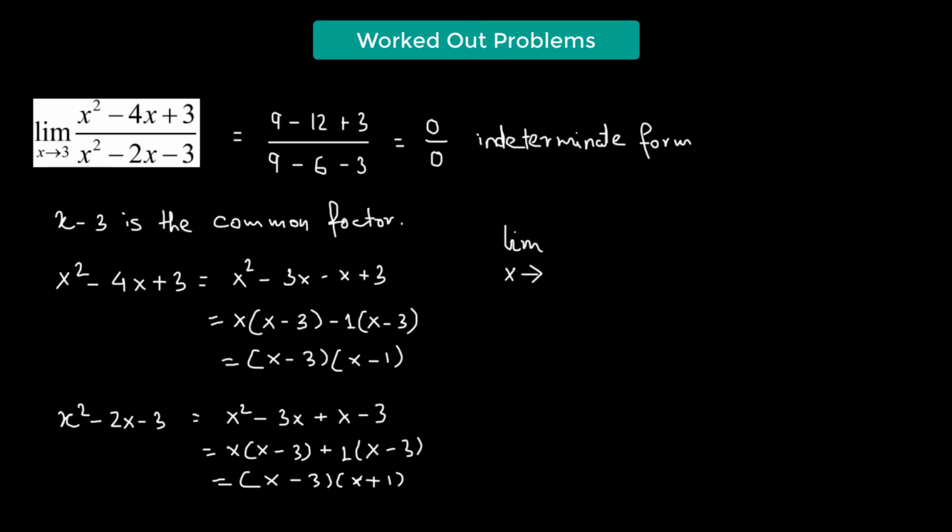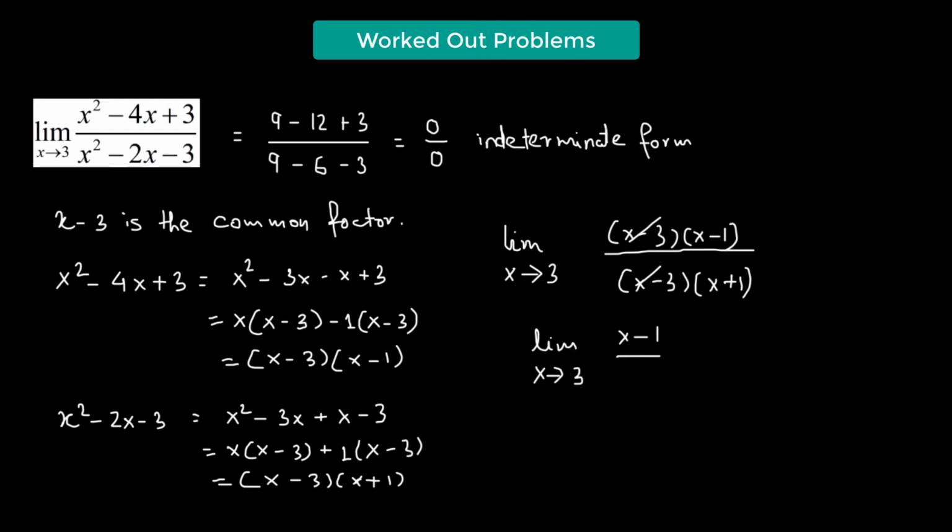So we have in the numerator x minus 3 times x minus 1 divided by x minus 3 times x plus 1. So x minus 3 is the common factor in both the numerator and the denominator. So that gets cancelled out, leaving us with x minus 1 in the numerator and x plus 1 in the denominator.